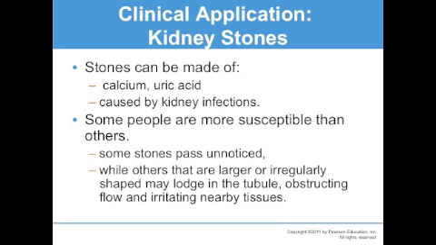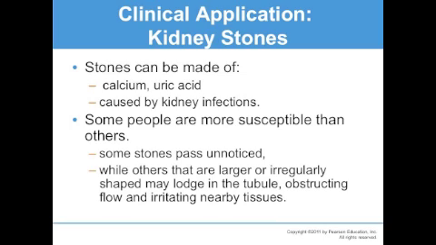Through research on kidney stones, it's been found that stones can be made of substances such as calcium and uric acid. Sometimes they can be attributed to the effects of kidney infections. Some people are more susceptible than others to developing stones.